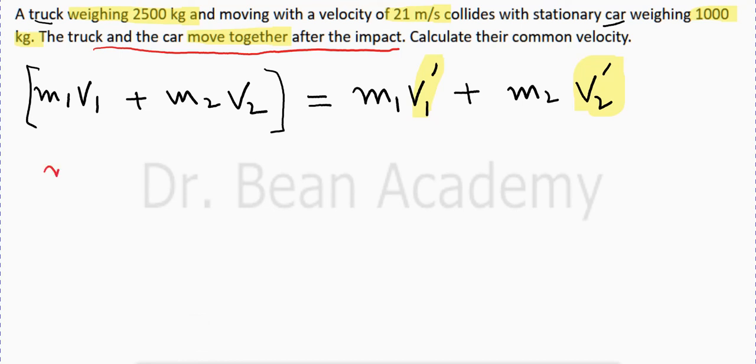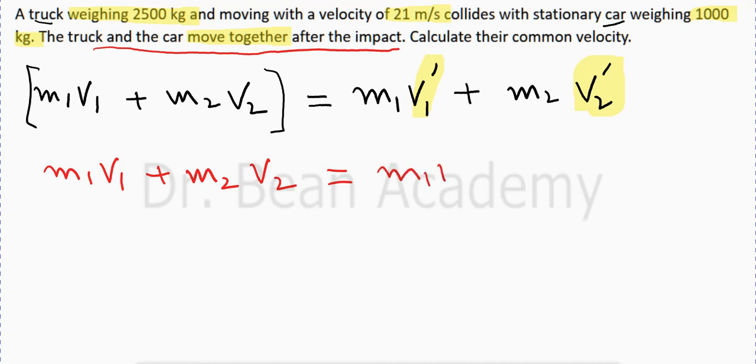I can say that m1 v1 plus m2 v2 equals, so just give v1 prime and v2 prime a single name, let's call them velocity v. That is simple to say.